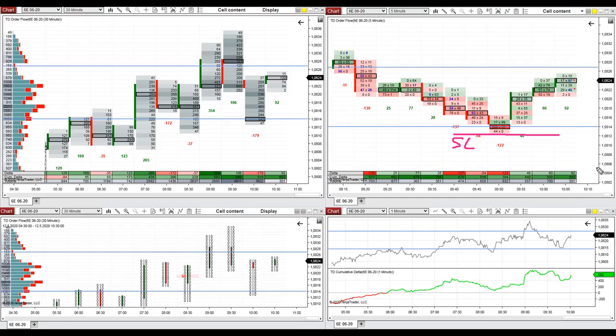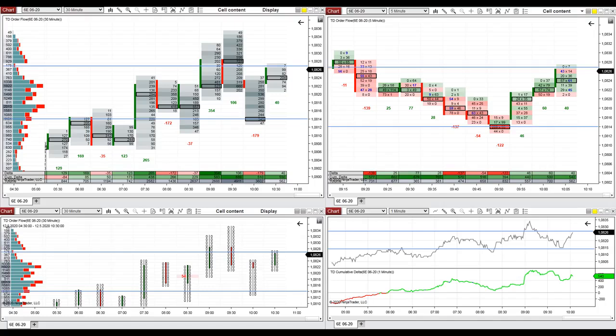Buying imbalances, also buyers in here, aggressive buyers. Delta is rising. You can see also that delta is positive in here. Alright, now would be the take profit.